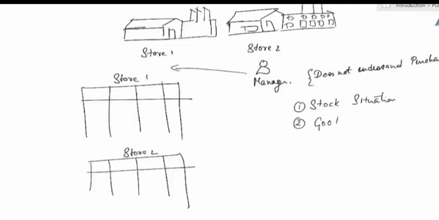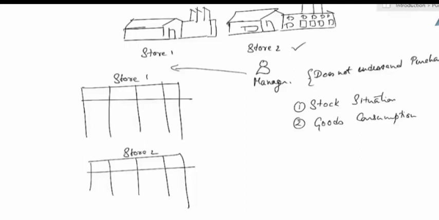How would I know goods consumption, meaning how much coffee is being consumed, how much flour is being consumed, how much goods are being created. I won't know unless I go to store 2.